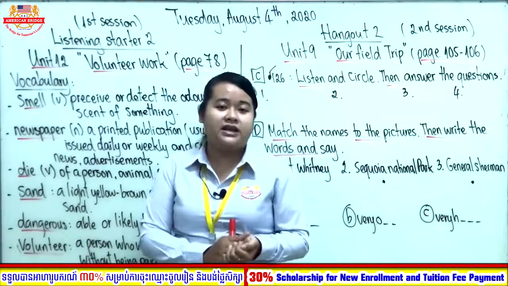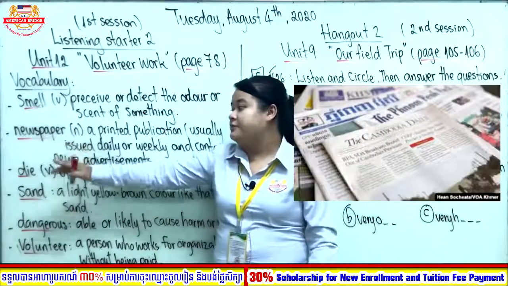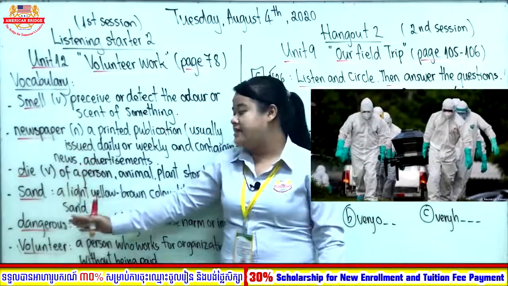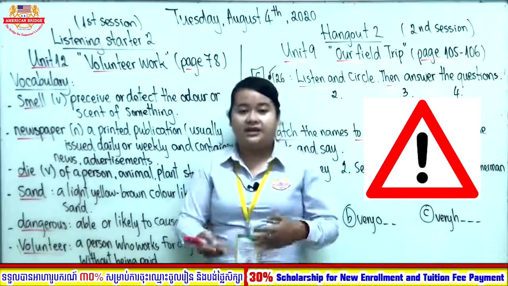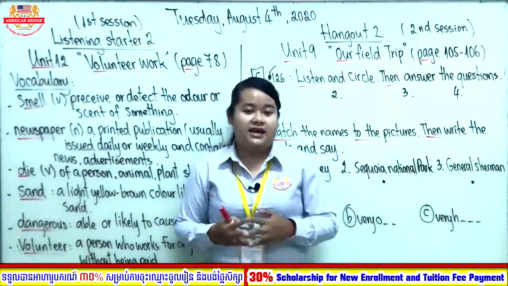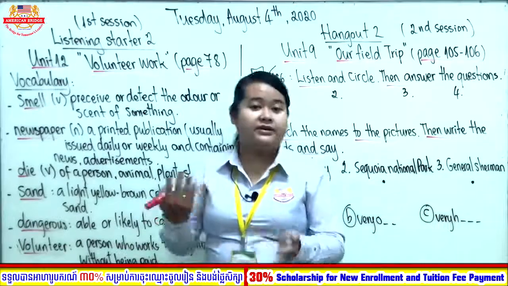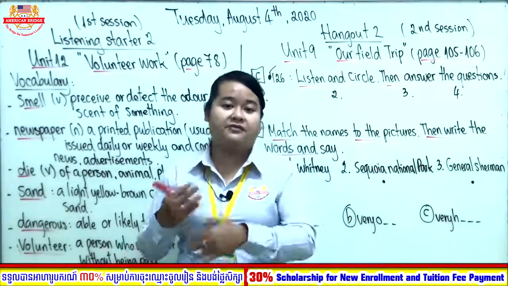So today teacher has only these words: smell, newspaper, die, sand, dangerous and volunteer. So I hope that you understand our lesson for today, that we talk about volunteer work, that you work but no need to pay the money, just free only.